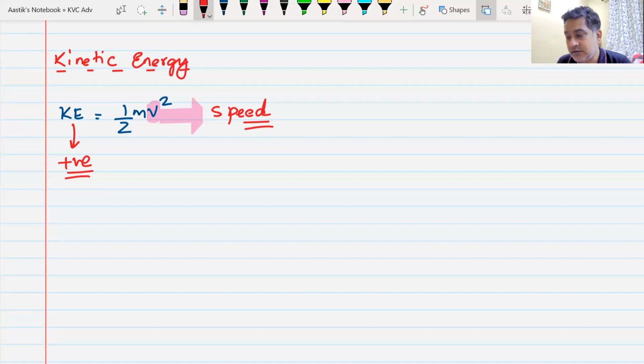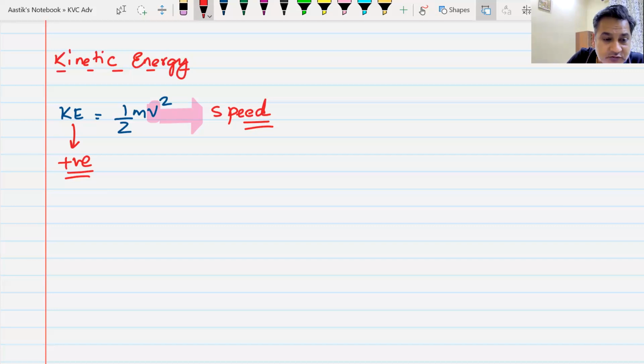So if we understand this as half mv square, where v is speed, it automatically means that when speed changes, which is the magnitude of velocity, then only your kinetic energy will change. If velocity changes, kinetic energy may not change because the speed may still be the same.